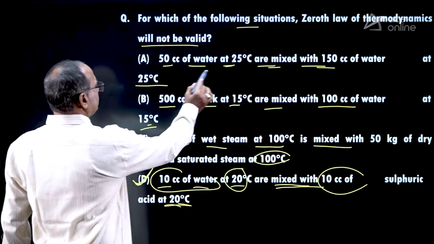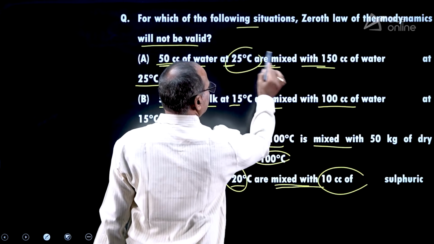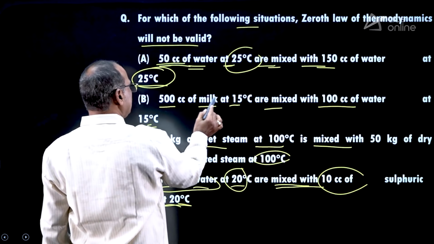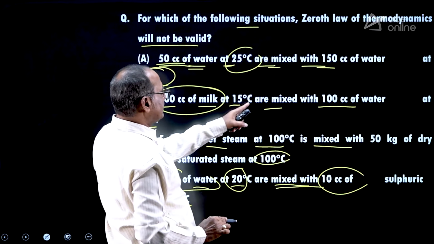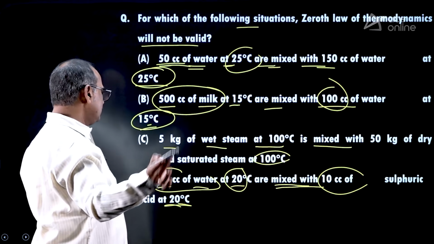Okay, there is no temperature change when 50 cc of water is mixed with 150 cc of water at the same temperature. The temperature remains the same. Similarly, when we mix 500 cc of milk at 15 degrees centigrade with 100 cc of water at the same temperature, there is no temperature change.